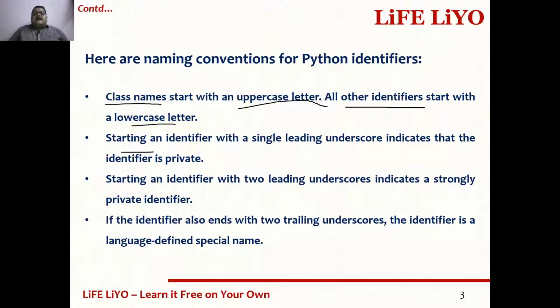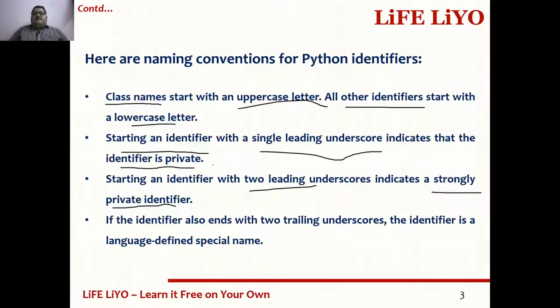Next, starting an identifier with a single leading underscore tells that the identifier is private. If you start an identifier with two underscores, it indicates that it is a strongly private identifier.